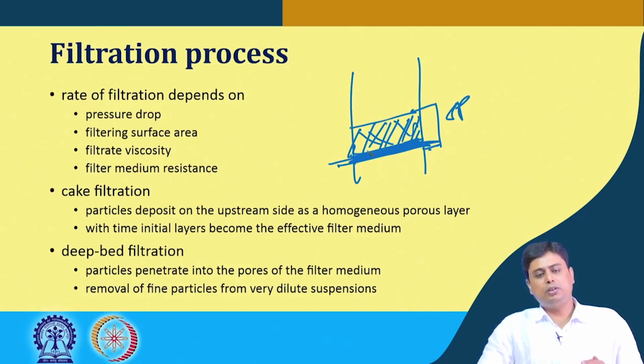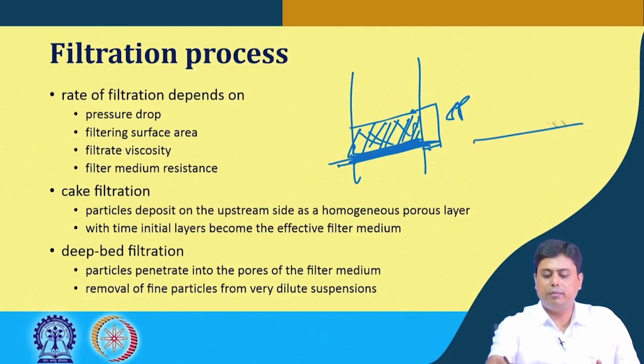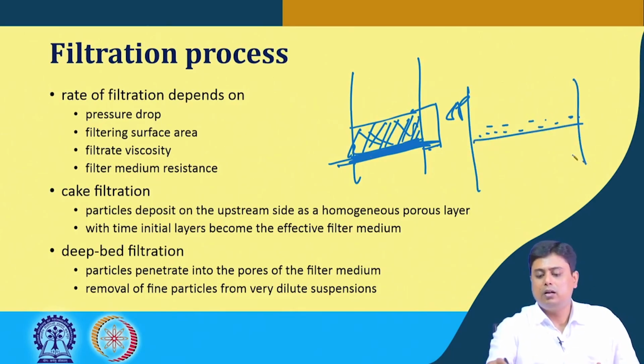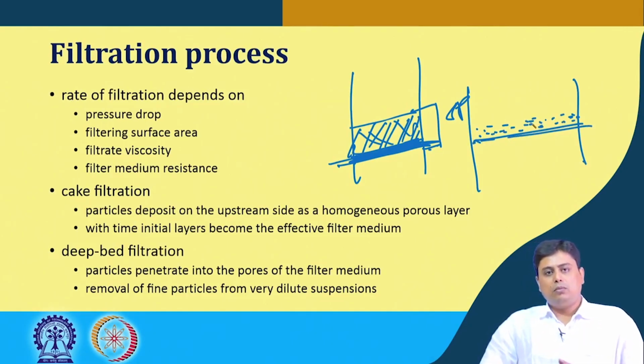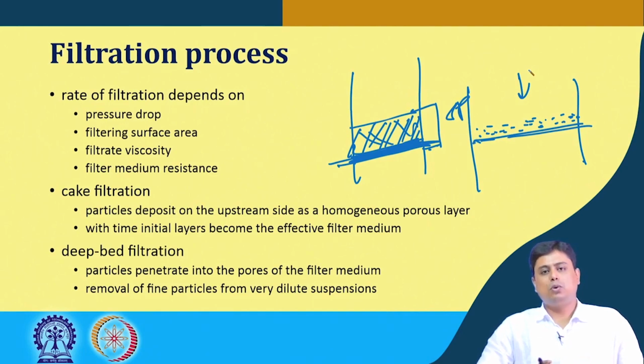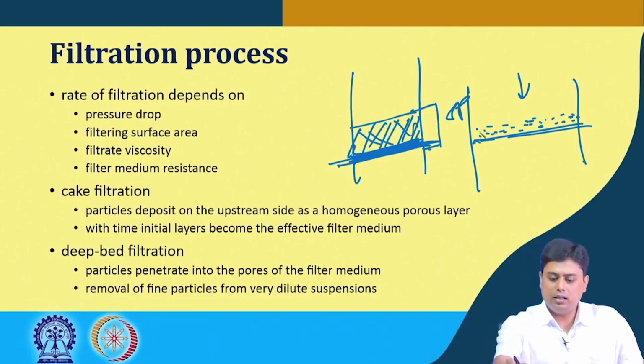Now this initial deposit, when it sits on this filter media, so if this is my filter media and if this is the initial deposit, say it has been deposited. Now we assume typically this is the upstream side, the flow is happening from this side to this side. We assume that this is a homogeneous porous layer, which means the voidage in this thickness is uniform.